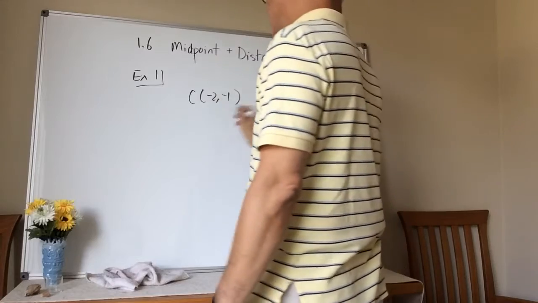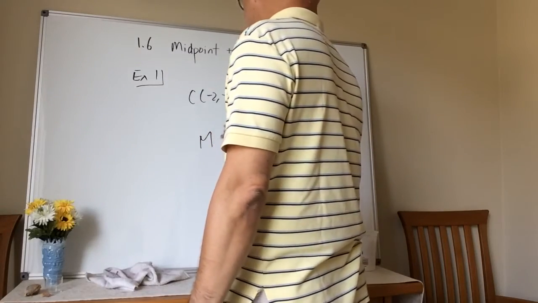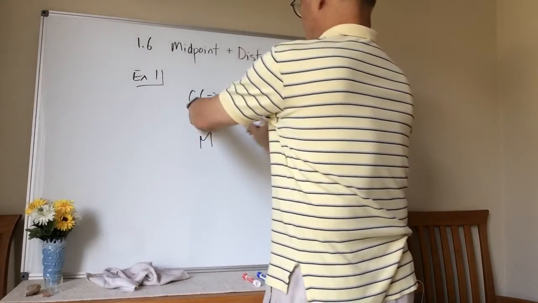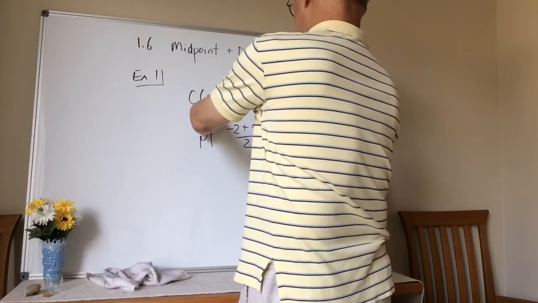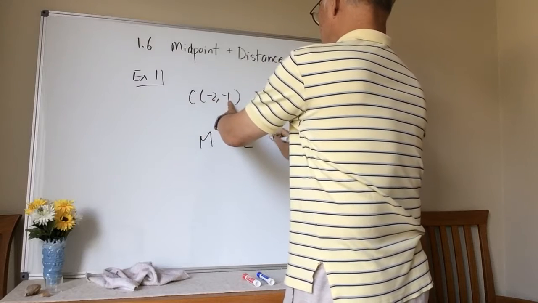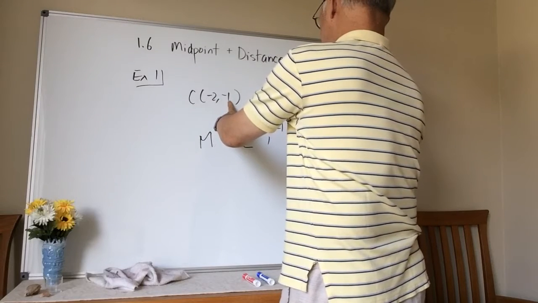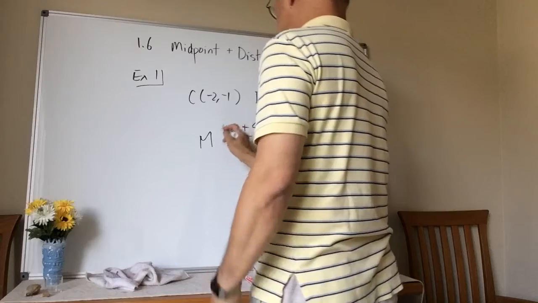So the midpoint between these two is going to be -2 plus 4 divided by 2. Then these two, -1 plus 2 divided by 2.